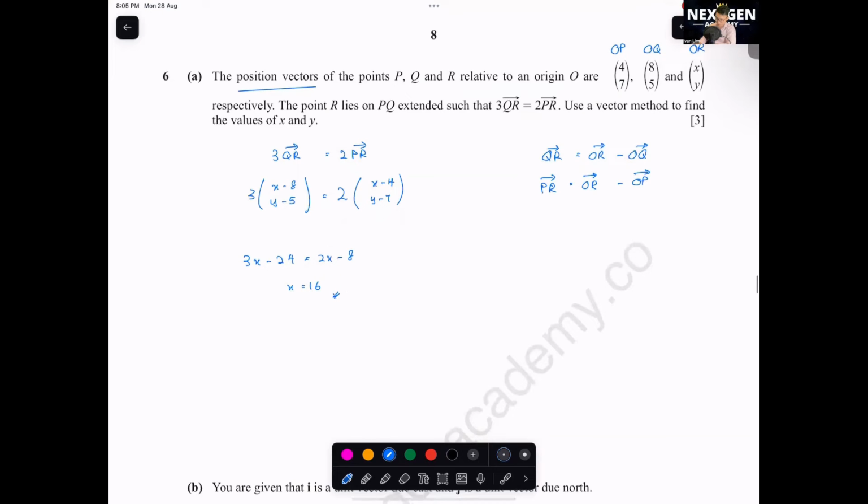Okay, this is my first answer. So I split up. This one will be my equation 1. This will be my equation 2. The second equation, you multiply the 3 inside also, so you get 3y minus 15 equals 2y minus 14. Bring the y to the left hand side, bring the 15 to the right hand side, you get y is equal to 1. Okay, so you got 2 answers here.